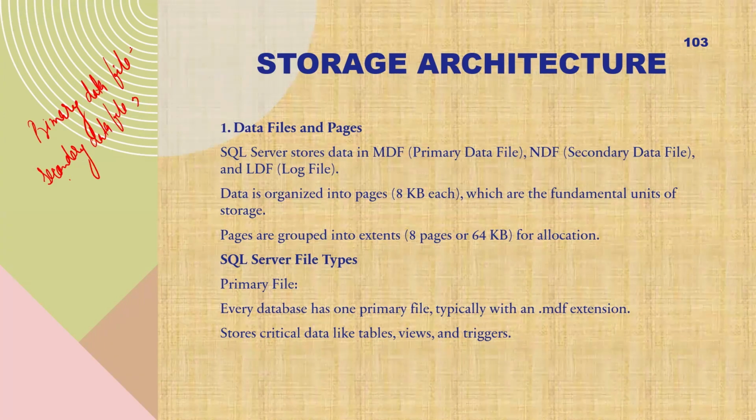So how will you get to know which is the primary and which is the secondary? With the help of the extension only, you can easily identify. What is the extension of the primary data file? MDF. And what is the extension of the secondary data file? NDF. We also call this NDF, new data file.